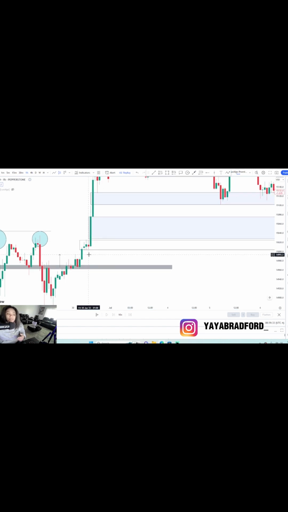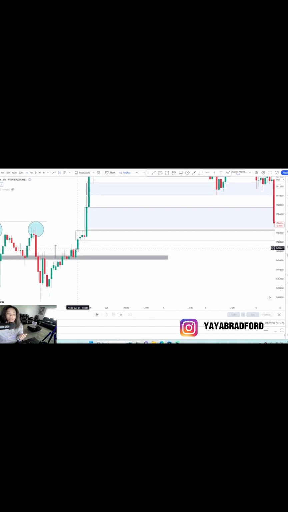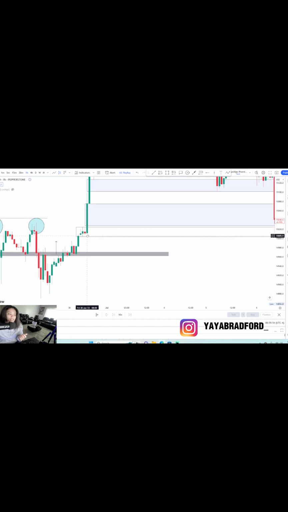Or when an aggressive move happens and it has a gap inside of it, you just look at the previous area where the aggressive move came from, and that whole area would be a demand zone. So if you wanted to mark this whole area up as a demand zone, it's totally up to you.